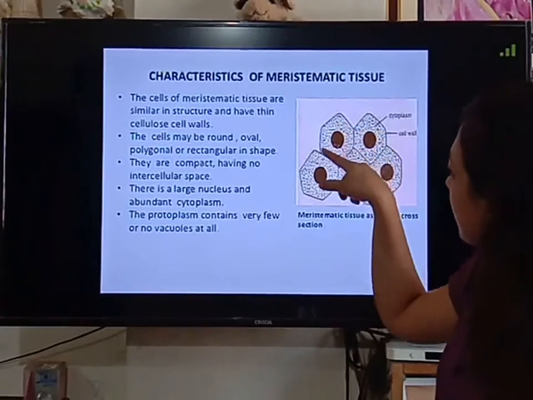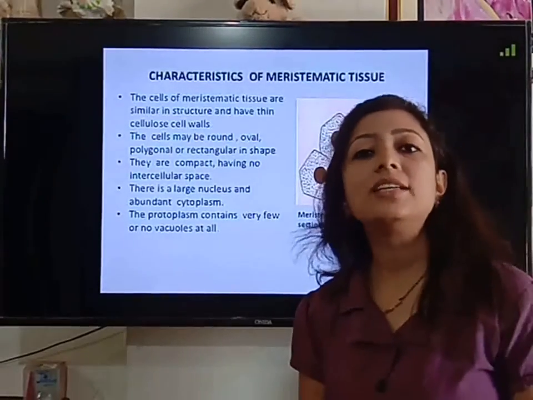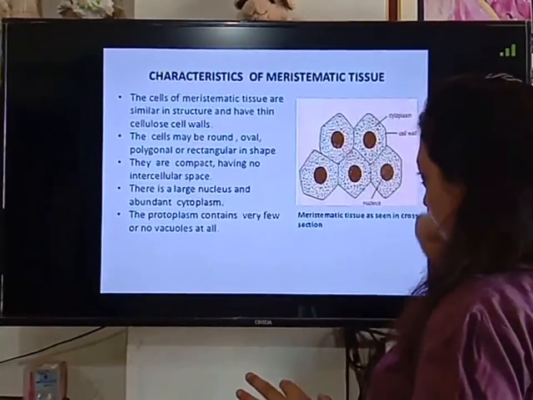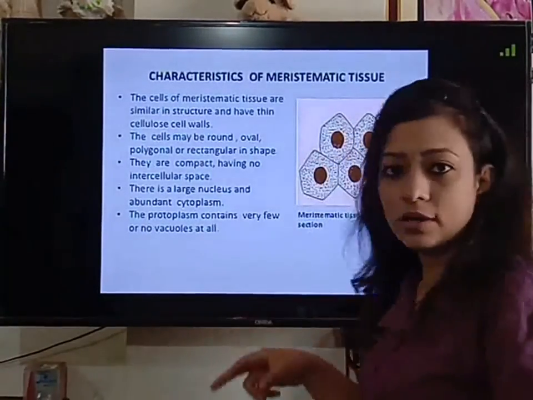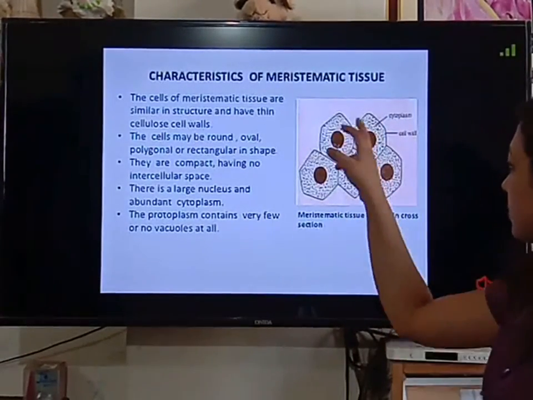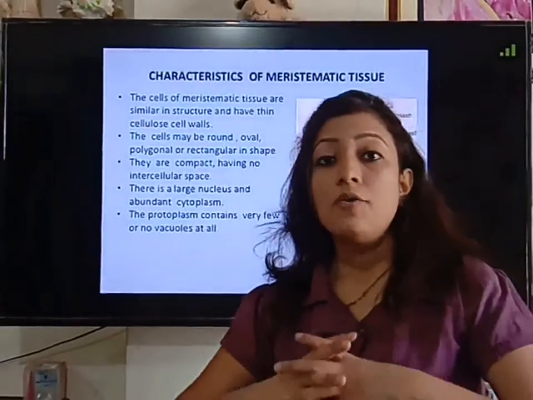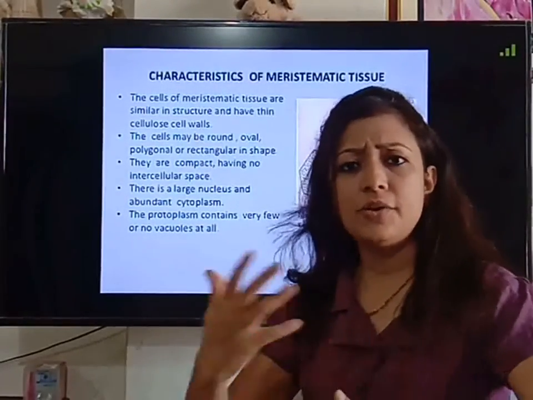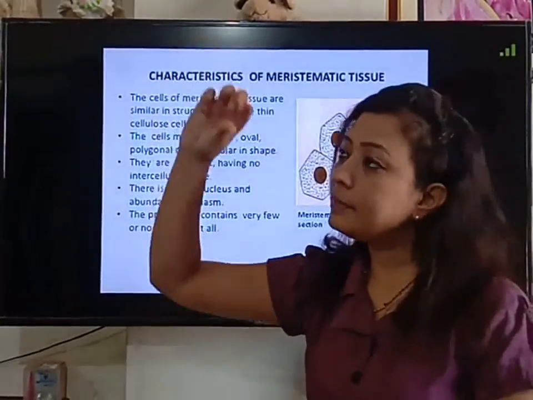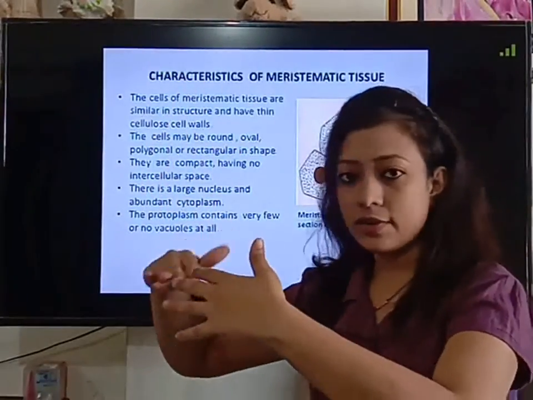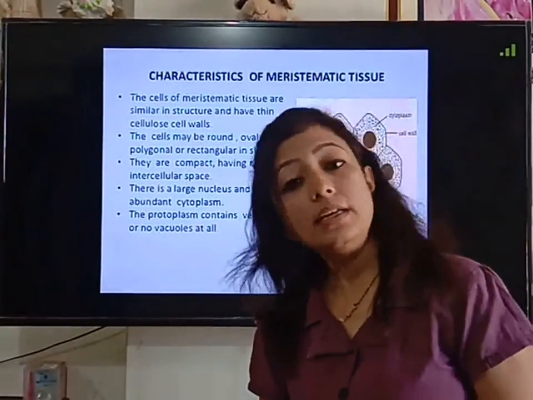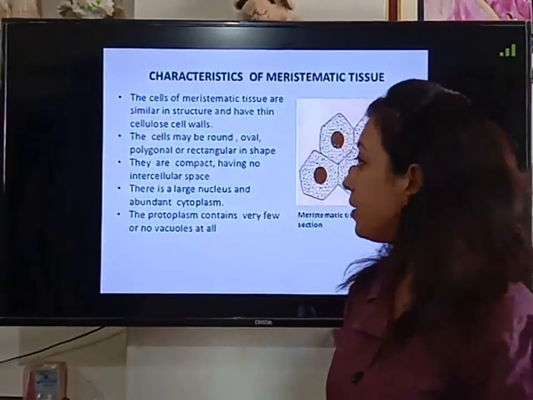Again, you can see, children, their walls are very thin because they are just made of the cellulose, and lignin is not deposited there. That is the reason their walls are very thin. And these meristematic cells are very active, means they are continuously growing cells, and at the tip they keep on growing, and just beneath whatever the cells are there that become mature, and they get converted into the permanent tissue, and this process is called differentiation.